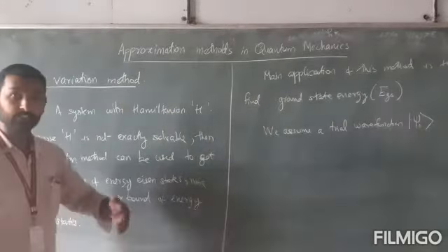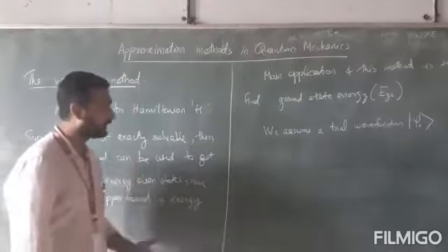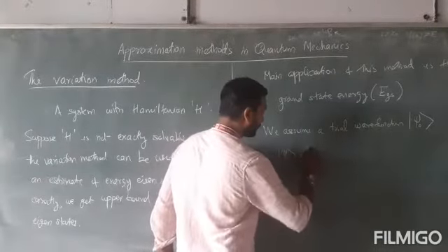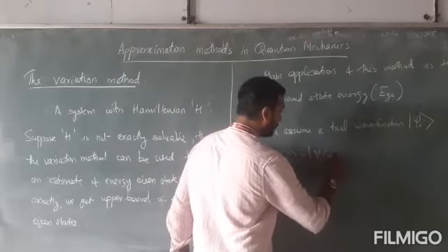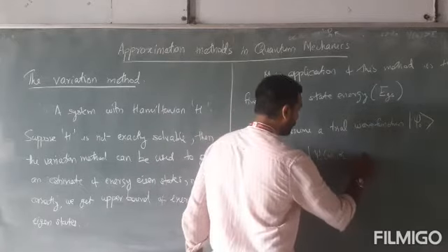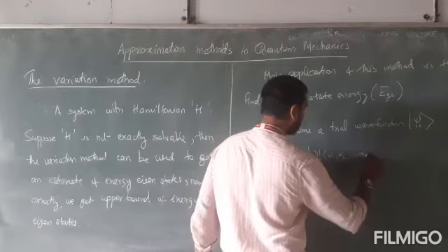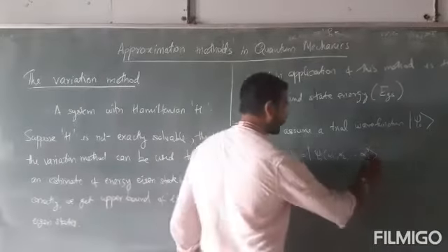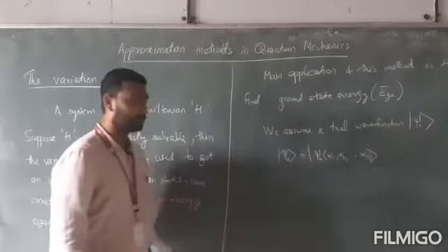Now obviously the psi 0 will have certain parameters, so it will be a function of some parameters alpha 1, alpha 2, up to some alpha L. So there will be many parameters for this trial wave function.